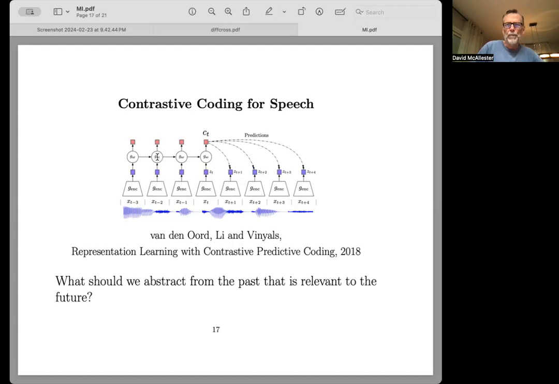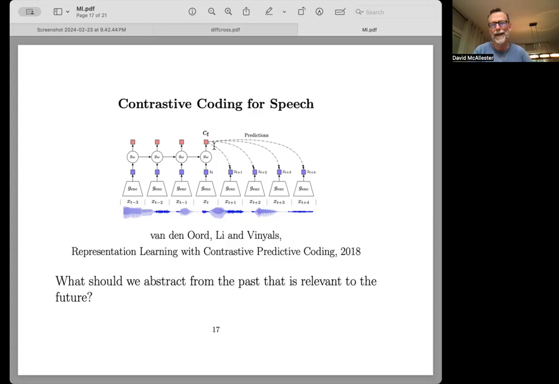So we're going to talk about this further in a minute, but this is the original paper, Contrastive Predictive Coding, CPC. Here you've got a sound wave coming in. You build a vector representing this piece of the sound wave. You've got future frames of the sound wave with their vector representations, and you're trying to predict this from this, and you do it with contrastive coding.